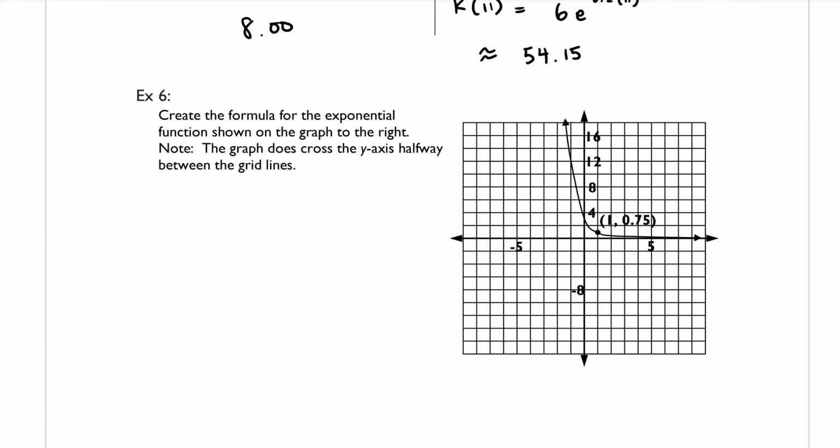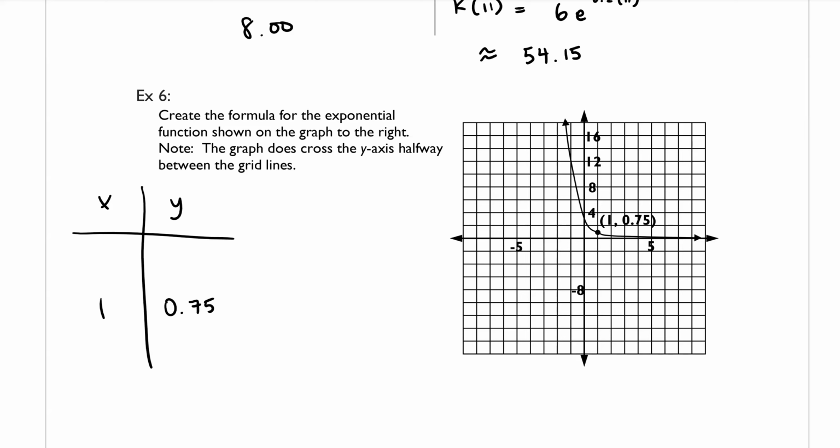So number 6, or example 6, asks us to create the formula for the exponential function shown on the graph to the right. And it says that the graph does cross the y-axis halfway between the grid lines. So if I were to make an input-output table, one ordered pair that they give us is 1, 0.75.